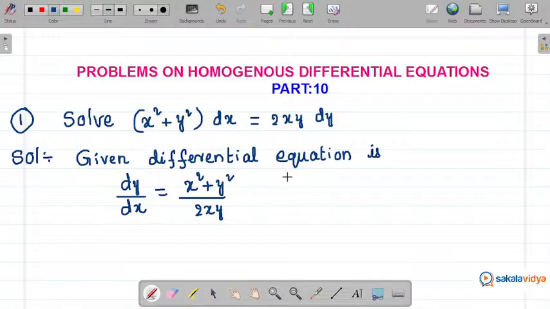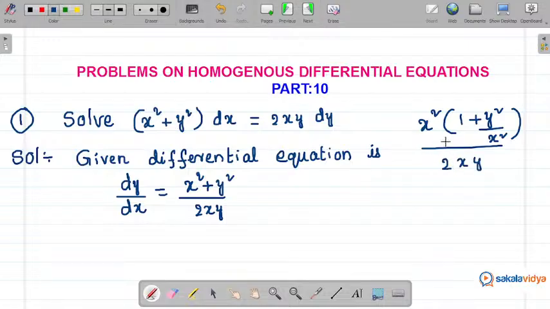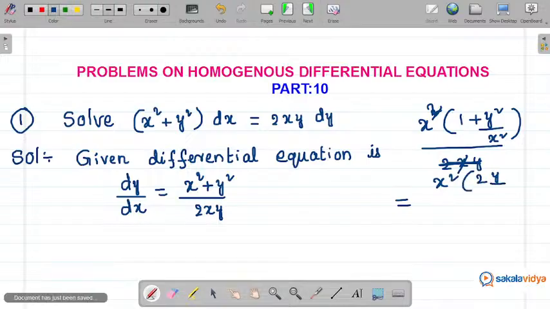Taking x square common in the numerator, we get 1 plus y square upon x square, and in the denominator, 2xy, we can also take x square common, giving x square of 2 of y by x. The x square cancels.